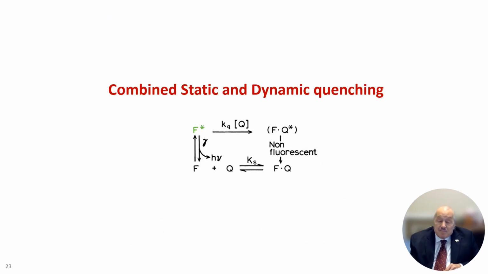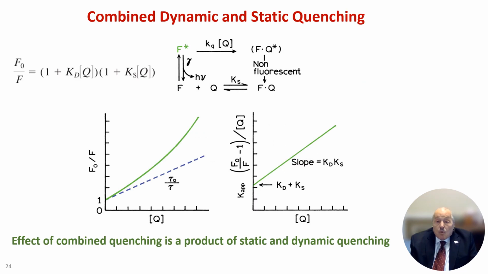Now let's get to something that's a little more complicated. What happens when you have both static and dynamic quenching going on at the same time? And that can occur. What does it look like? If both static and dynamic quenching are occurring at the same time, you will observe an upward curving plot for the ratio of the intensities, F0 over F, versus quencher concentration.